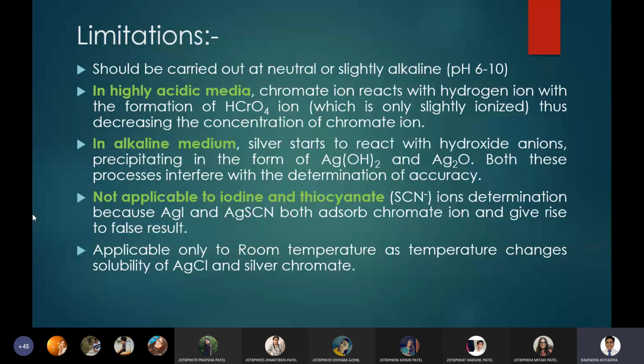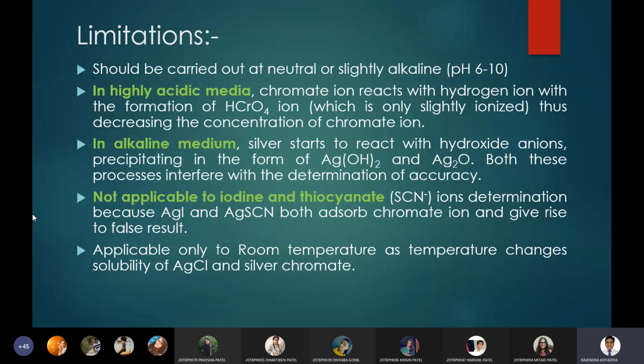See, almost all the precipitation titrations are applicable at room temperature only. Why? Because as there is a change in temperature, solubility of any precipitate gets changed. That is why it is to be applicable at room temperature only. So these are the four limitations of Moore's method.